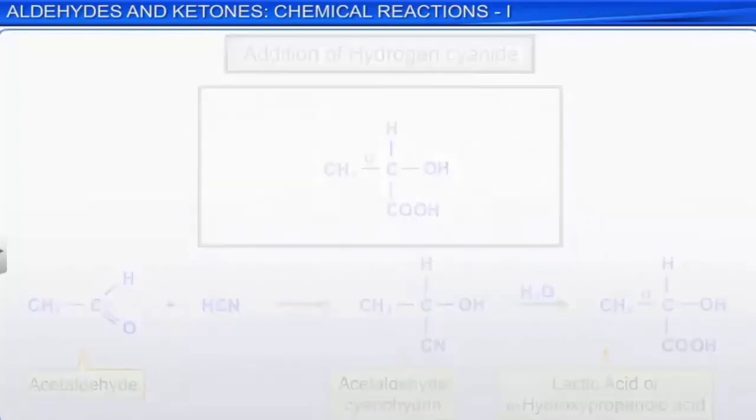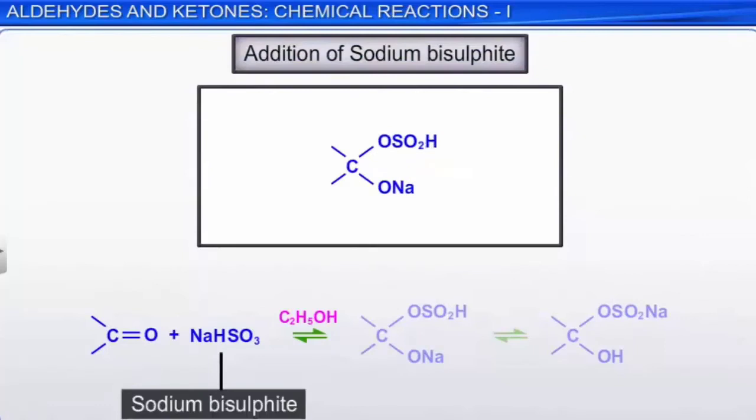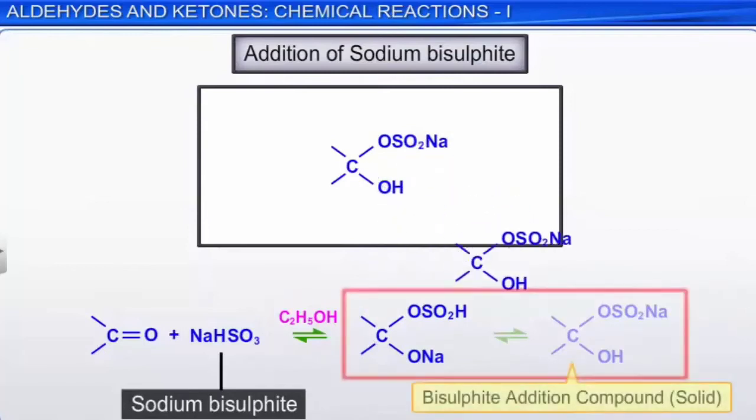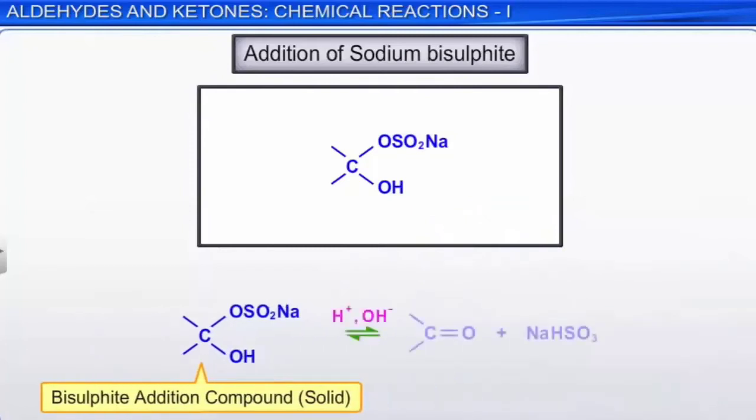Let's look at the addition of sodium bisulfite. When sodium bisulfite is added to an aldehyde or a ketone in the presence of ethanol, it gives a water-soluble solid adduct. This solid adduct is filtered from ethanolic solution and then decomposed by an acid or a base to regenerate the carbonyl compound.